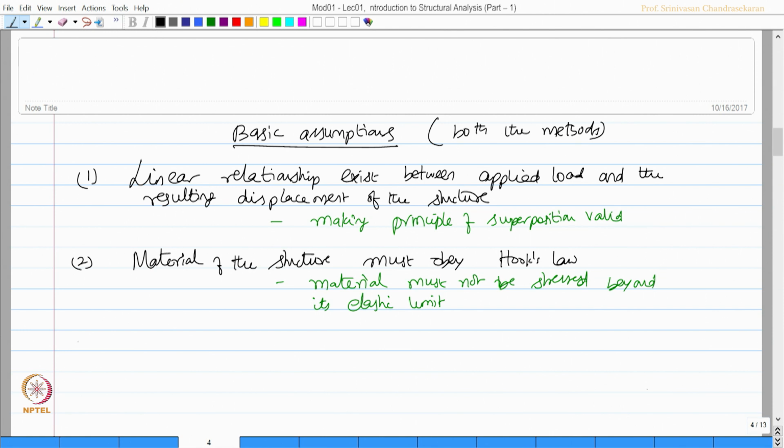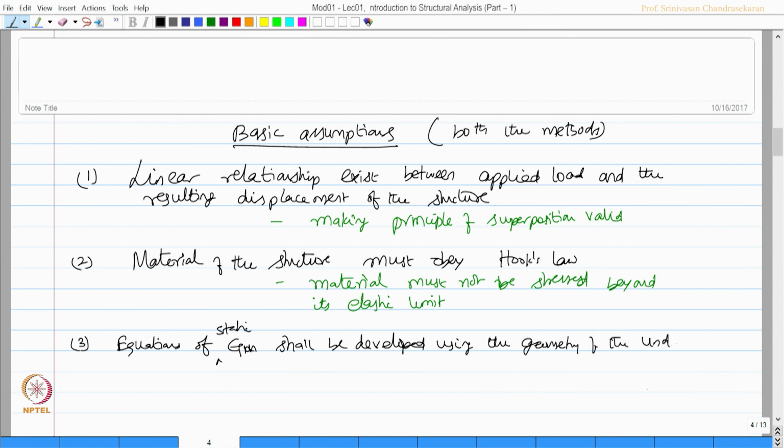The third assumption, which is again common to both the methods, is that equations of equilibrium shall be developed. In fact, we can make it very clear, equations of static equilibrium shall be developed using the geometry of the undeflected model.